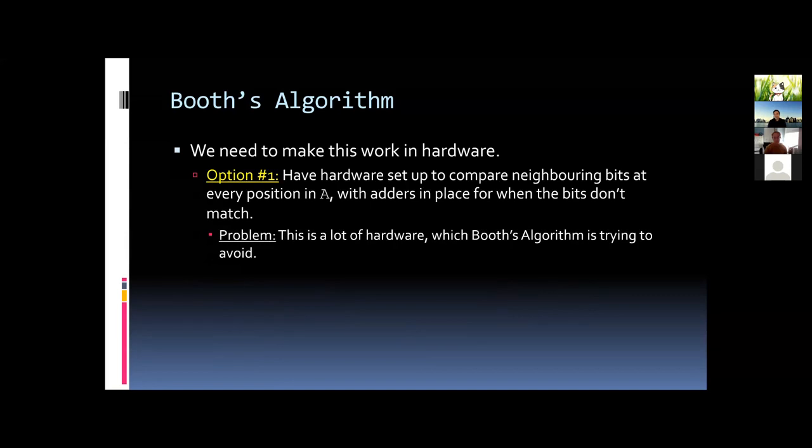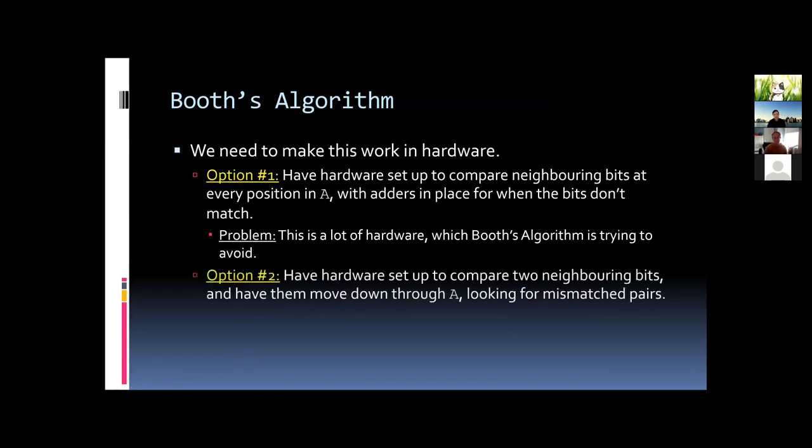We kind of have that hardware in our brain, so we're very good at parallel operations. But in the real implementation, that's not what we want. Booth's algorithm is actually trying to avoid a lot of extra hardware. He doesn't want tons of adders in place because we're trying to replace adders with some shifts, right? So it's not a good idea to implement Booth this way.